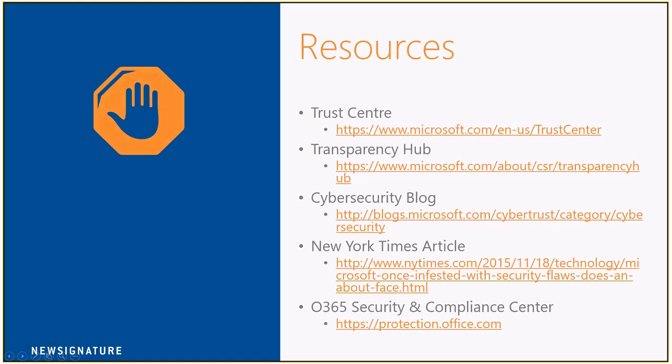So I just wanted to quickly call out some resources that might be of interest as people start to look more closely. First and foremost, Microsoft's positioning around how they're handling security and trust across the board. There is also the Transparency Hub, which provides a rundown of any notices from Microsoft around requests for access to information.